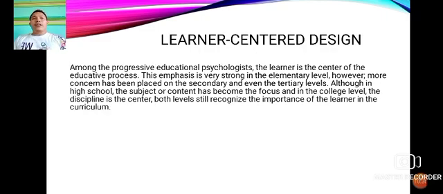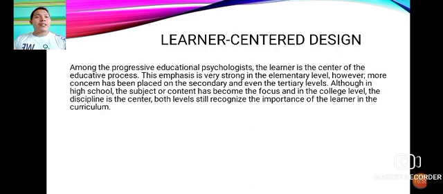Next, we have the learner-centered design. So from the subject-centered design, let us proceed to the learner-centered design. Among progressive education psychologies, the learner is the center of the educative process.